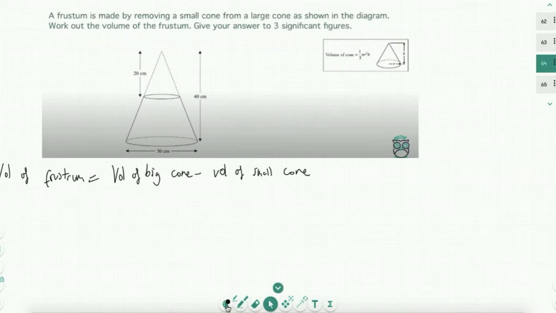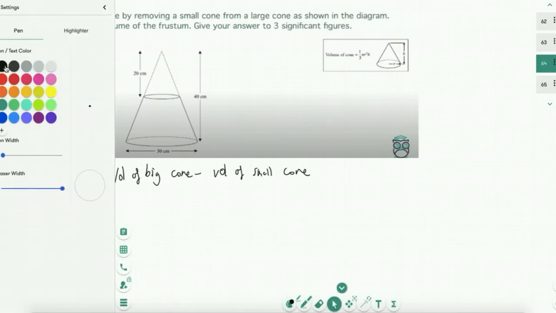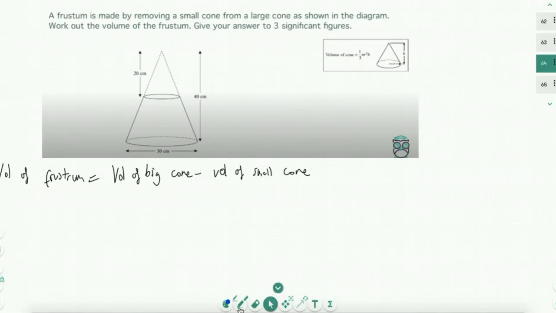So let's start with the volume of the big cone. And we're very lucky that we are given a little formula sheet here. The volume of a cone is 1/3 pi r squared times height. So it will be 1/3 pi the radius.